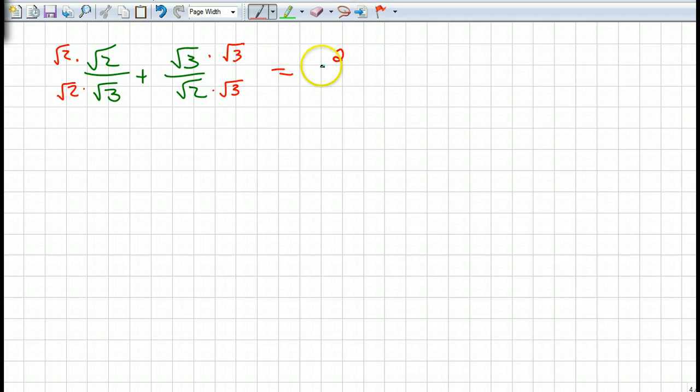So this will be a 2. A square root of 2 times a square root of 3 is still a square root of 6. What will the other one be? 3 over square root of 6. Now they have a common denominator, so I can add them together and I have 5 over square root of 6.